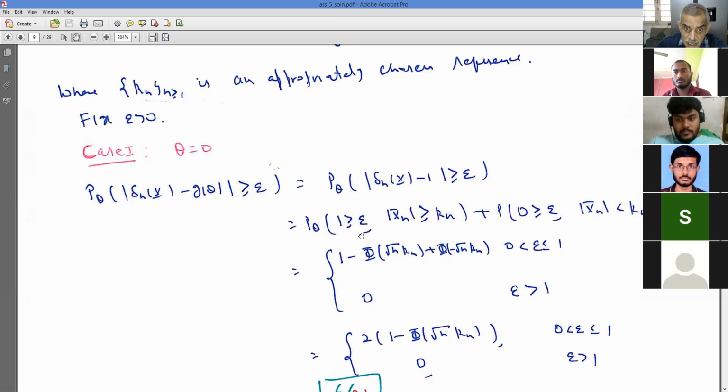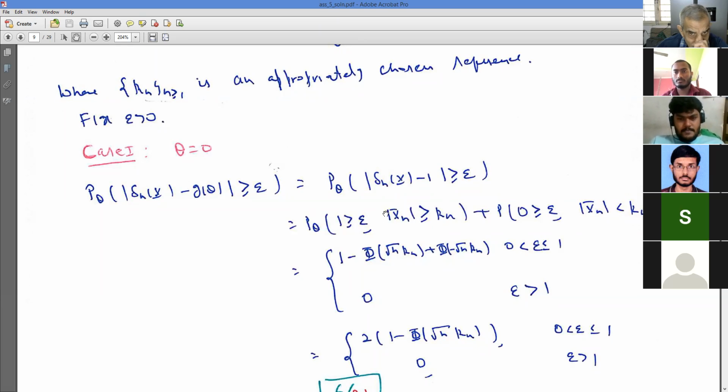So only this event will come. Now this event would be positive only when epsilon is less than or equal to 1. So for epsilon greater than 1, even this is 0. If epsilon is between 0 and 1, this is always satisfied.